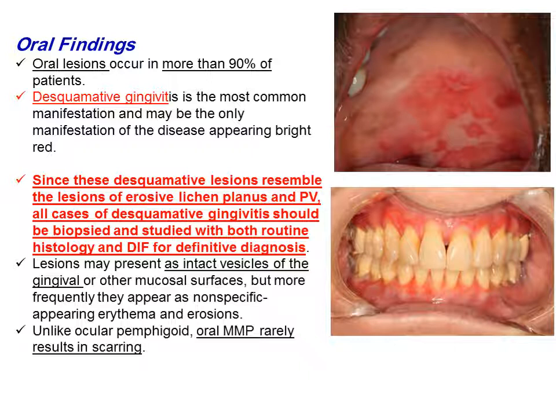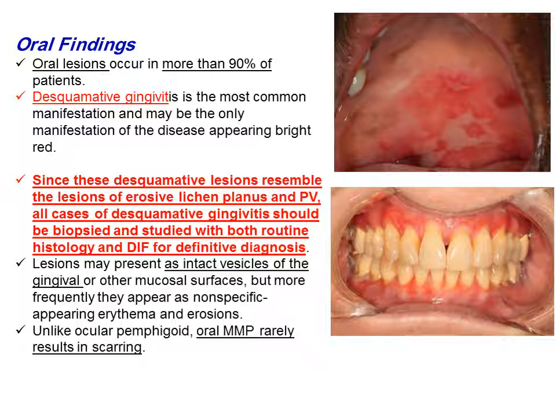Desquamative gingivitis is the most common manifestation and may be the only manifestation of the disease, appearing bright red. Since these desquamated lesions resemble the lesions of erosive lichen planus and pemphigus vulgaris, all cases of desquamative gingivitis should be biopsied and studied with both routine histology and direct immunofluorescence for definitive diagnosis.